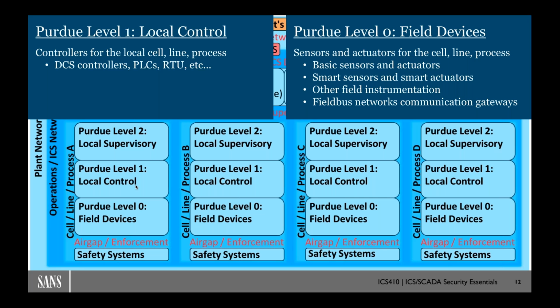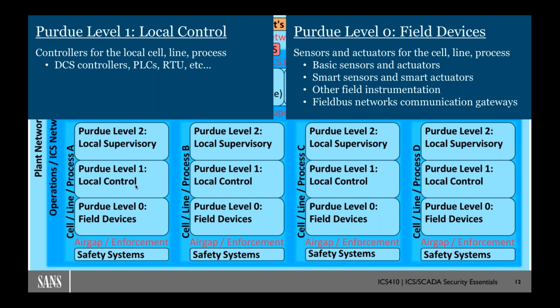You can think of any number of the known attacks we've seen, like the Ukraine power grid attacks, or Stuxnet that attacked the Iranian centrifuges. By having separate process cells, it allows for more isolation. So if one gets compromised, hopefully the other ones are okay. And in a worst case scenario, we can island them off for a temporary amount of time until we can fix the problem.